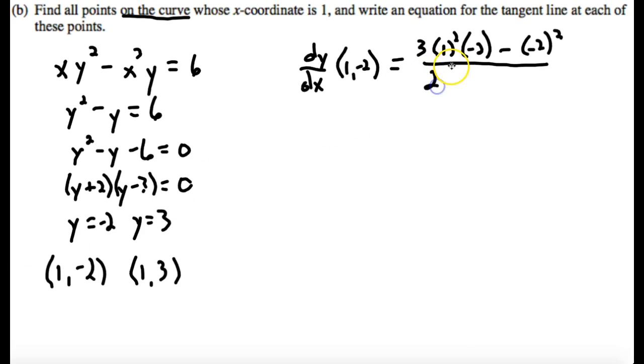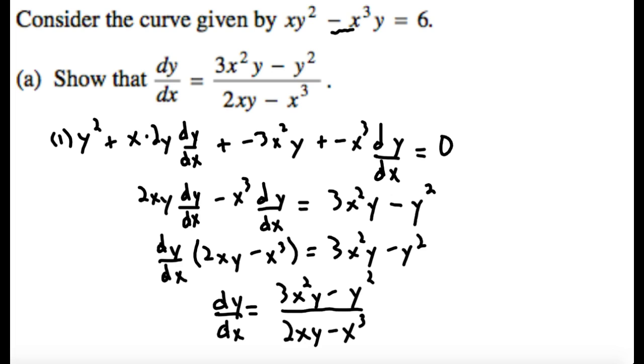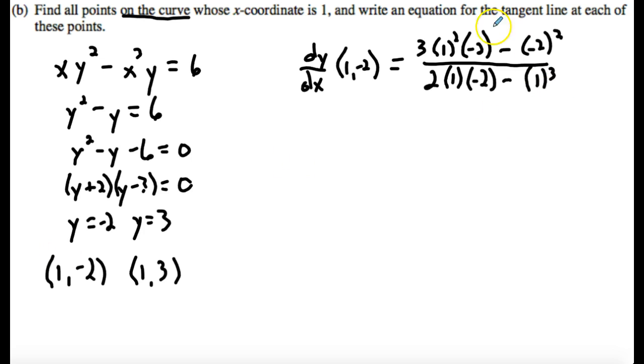So 2 times 1 times negative 2 minus x cubed, so 1 cubed. Right, that was right, yeah. So I just want to evaluate this now.